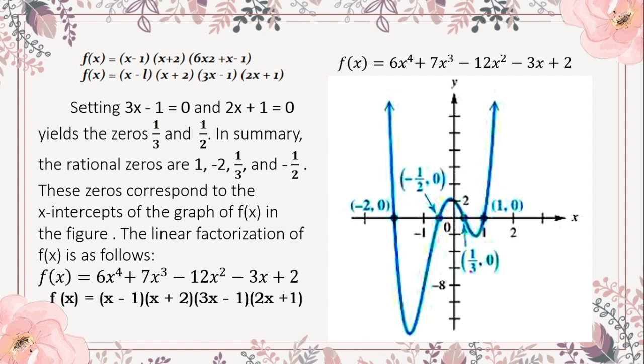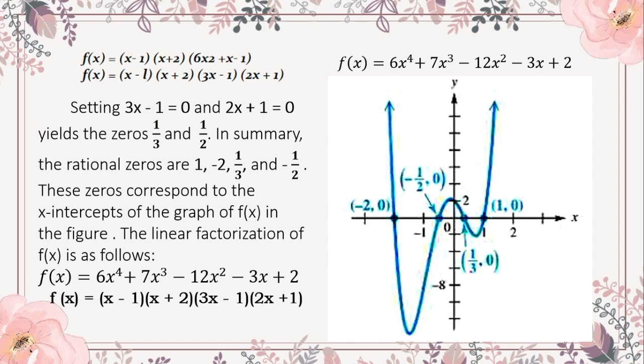So these zeros are the x-intercepts of the graph of f of x in this figure. The graph shows the x-intercepts at these zeros. So first is 1 and 0, -2 and 0, 1/3 and 0, and -1/2 and 0.